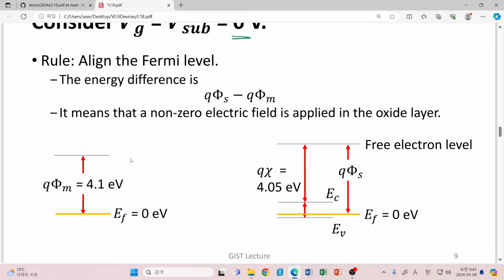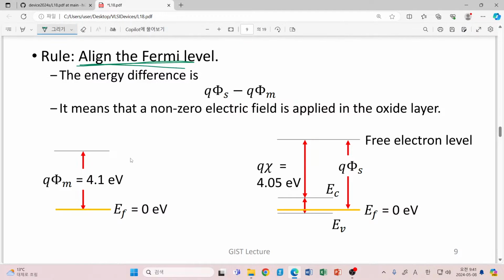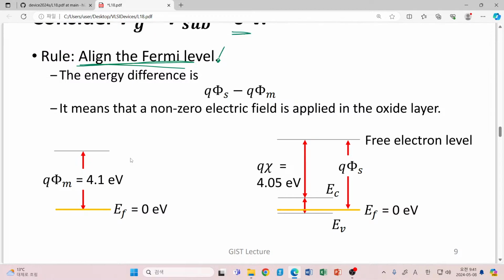In such a case, the rule is quite simple. The most important rule is just to align the Fermi level. This is possible because we don't have any kind of current conduction. We can consider equilibrium inside this system. So now we can align this quantity and this quantity.